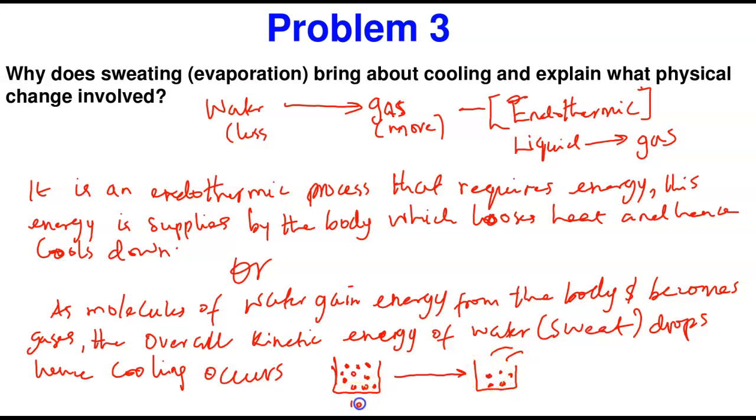You have 10 particles representing energy, and now you have only 5. That simply means something is lost. About 5 molecules of water are lost. If you have a total of 10 kinetic energy and are left with 5, remember that kinetic energy is proportional to temperature. This represents a drop in temperature, and that is why sweating or evaporation causes cooling.